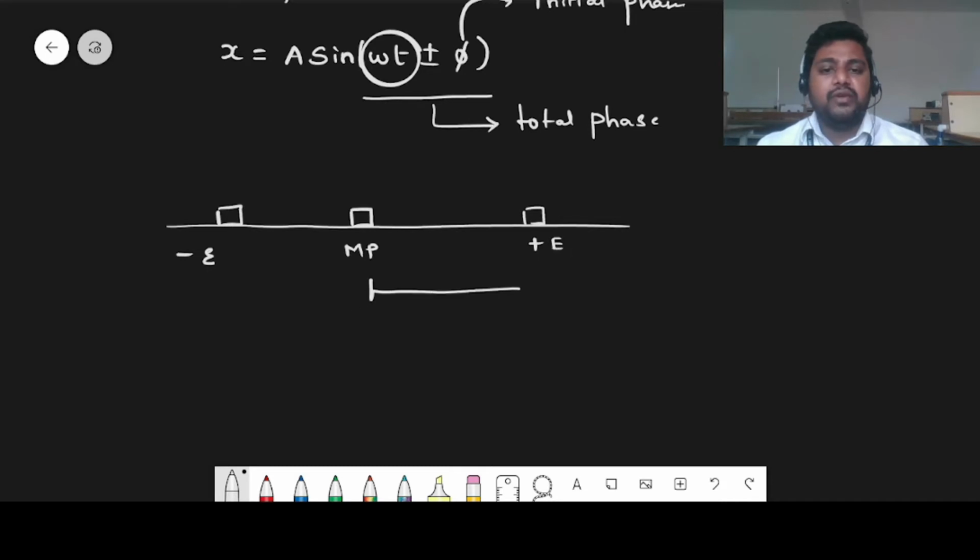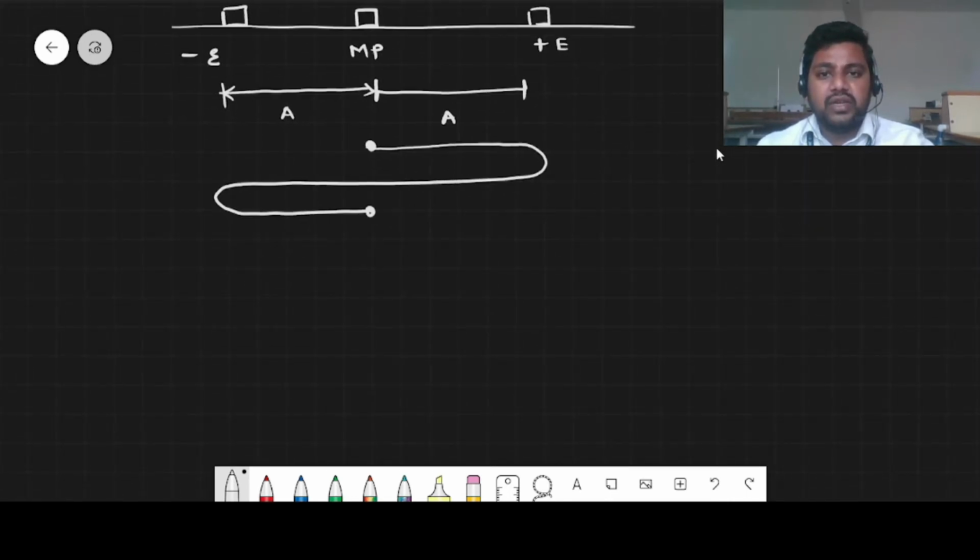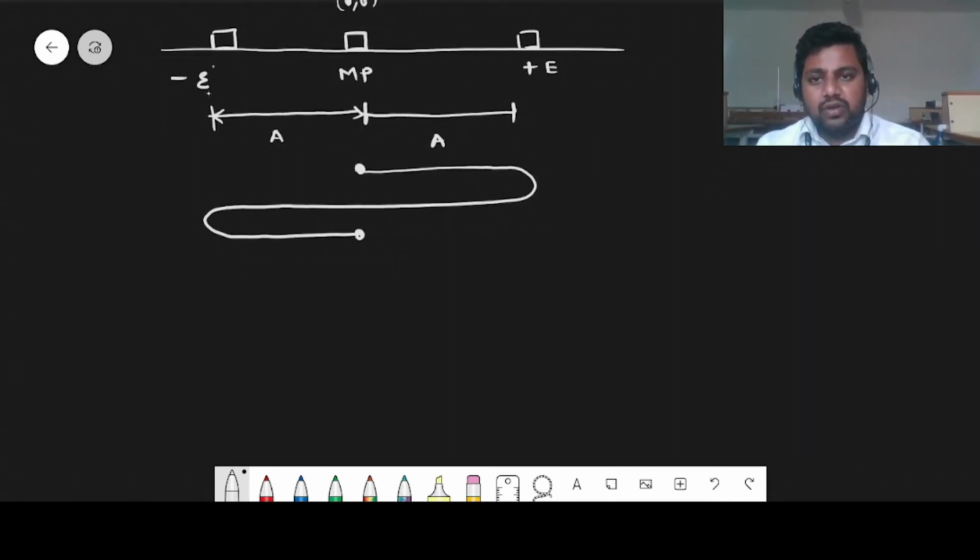The distance from here to here is a, and the distance from here to here is also a. The displacement we are going to substitute in terms of negative. This is 0 comma 0. Since it is covering a total of 360 degrees, you can consider the total angle that it is covering in the form of projection. If you are projecting it in the downward direction, let's say this is the direction in which I am projecting it.